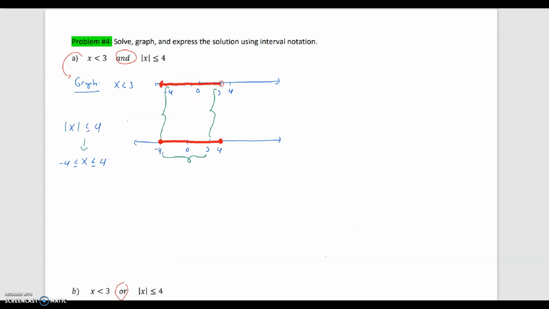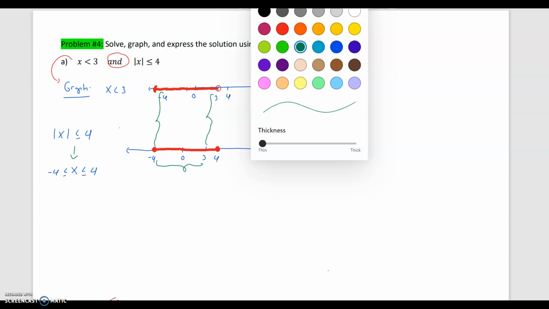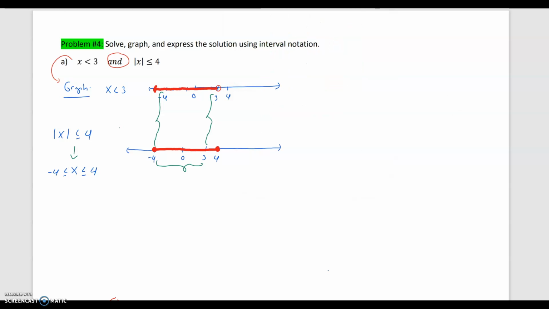So our solution for the intersection, and let me write it here, is all the x less than 3 and greater than or equal to negative 4. That represents from here up until less than 3.